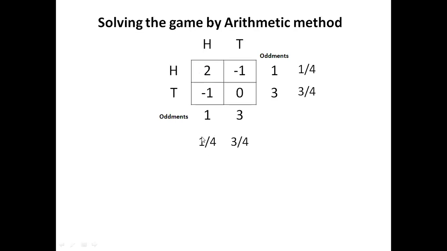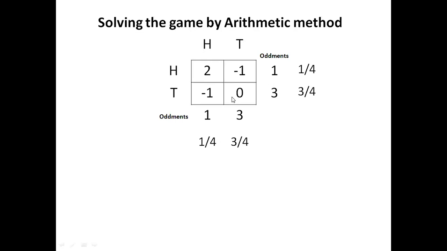1/4 of 2 means what? That is 2 divided by 4, that is 1 upon 2, that is 0.5. Plus, he is also playing with the second strategy, no? That is minus 1 is the outcome. That minus 1 into 3 by 4, that is 1 upon 2 minus 3 upon 4, that will be equal to 0.5 minus 0.75, suppose if you calculate it.